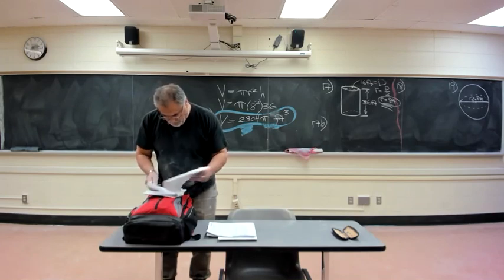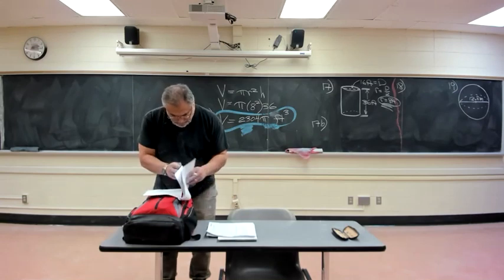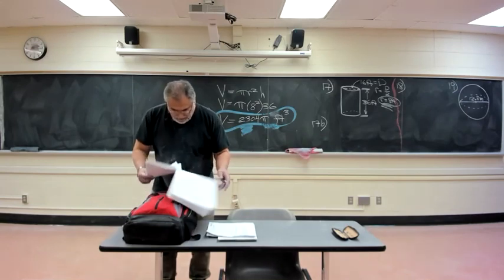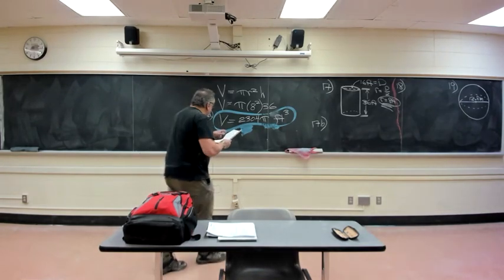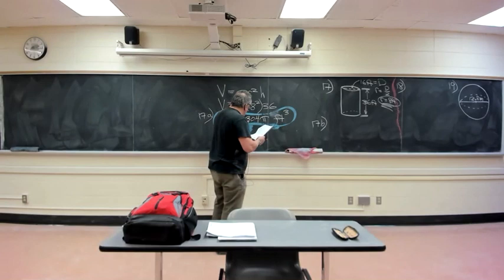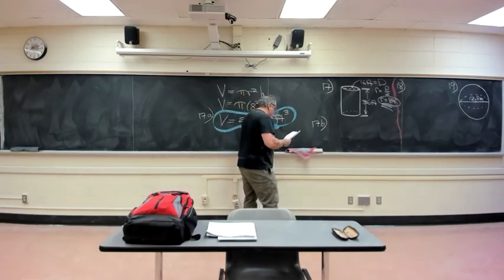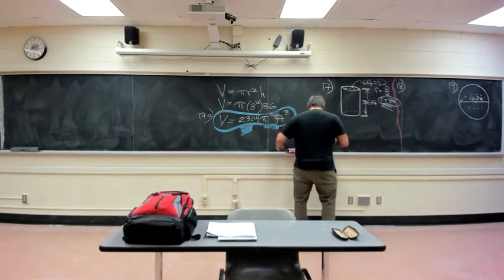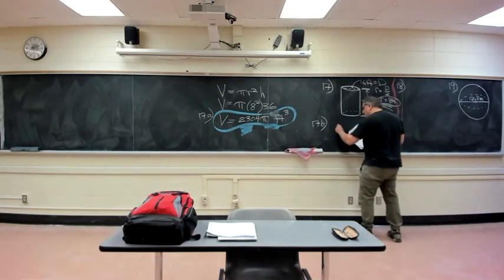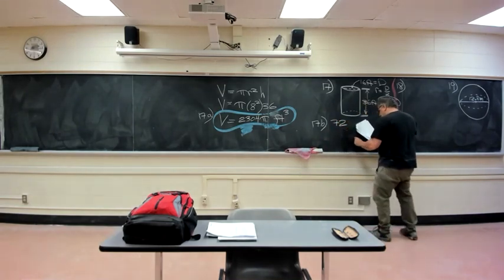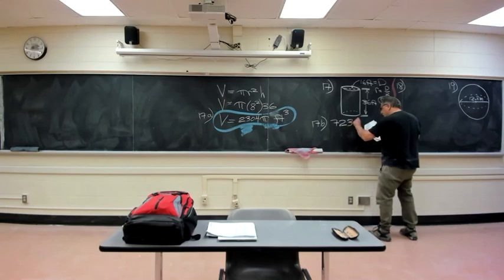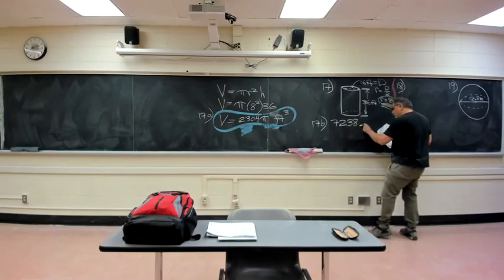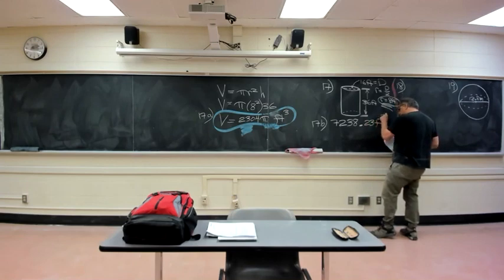Always gives us a chance to check what we're doing, guys. 2,304 times pi, so you just say pi means multiply, 2,304 pi feet cubed. If you put in 3.1415926 and a whole bunch of other digits and really grind it out, it's going to come up to about 7,238.23 cubic feet.